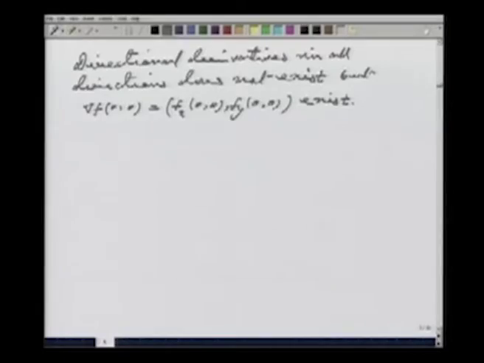So why doesn't it contradict the previous theorem? Simply because the function is not differentiable.